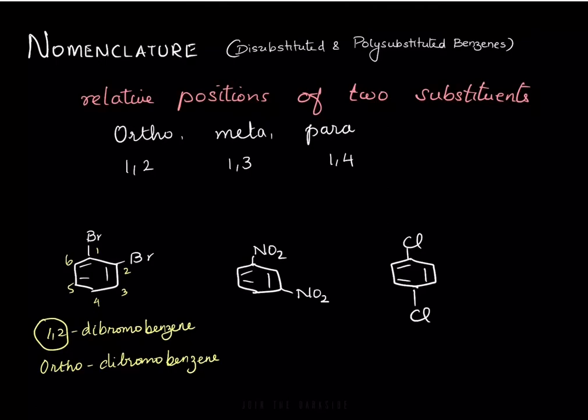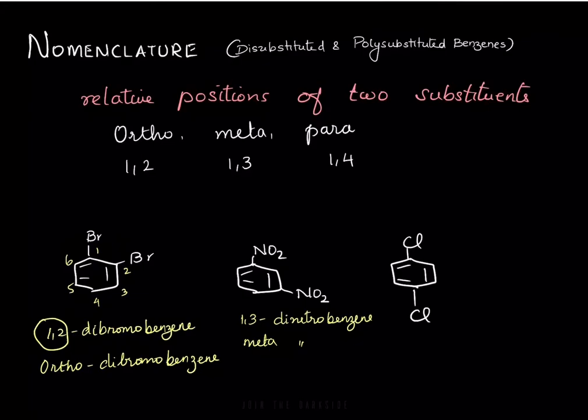Okay, when the two groups are in the 1, 3 position, this is actually called the meta position. So this compound right here is actually 1,3-dinitrobenzene, or it's also called meta-dinitrobenzene.